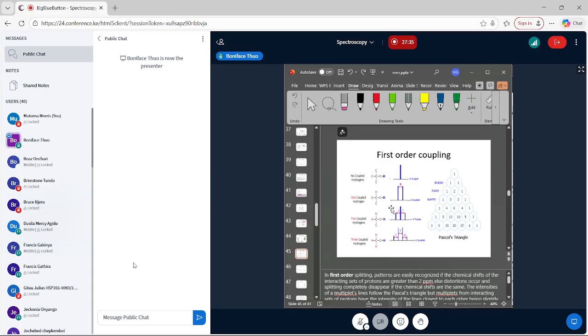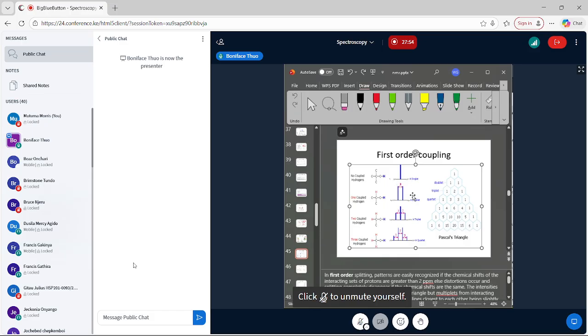Now, when we talk of splitting, it means that we have differences in resonance frequency from coupling. The difference in those resonance frequencies is usually constant, and it is given the identity of J constant.